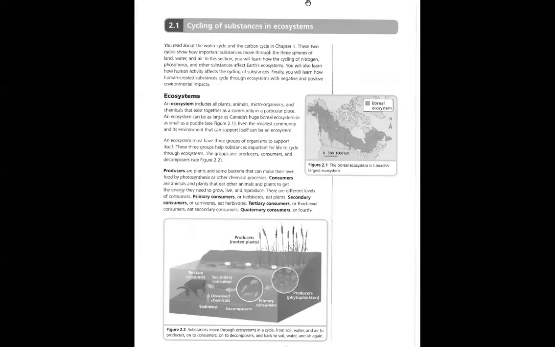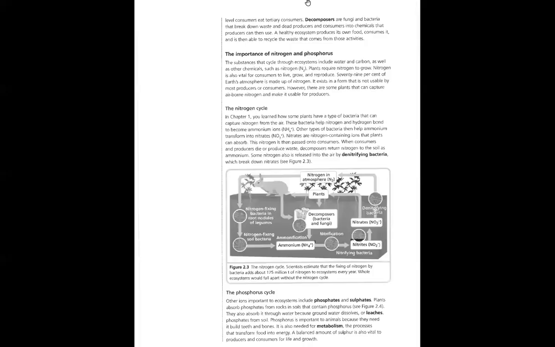Really got into what's an ecosystem, being able to talk about producers, primary consumers, secondary consumers, tertiary consumers, quaternary consumers, even though we didn't see too many of those. It's a nice little example of the food chain there in an ecosystem at the bottom at page 29. We looked at other cycles again. This time we looked at the nitrogen cycle and the phosphorus cycle.